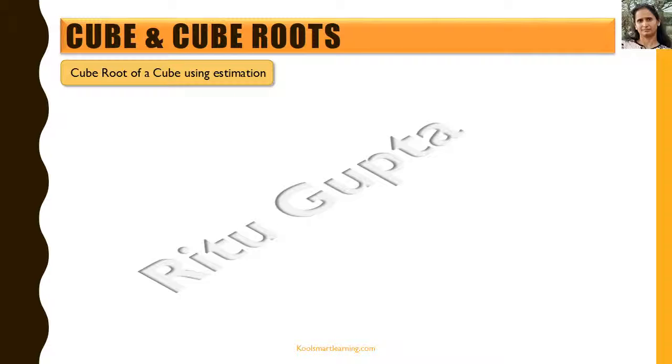Now we'll see another example. We want to find the cube root of 704969. We make groups of 3 digits each, like this. In 969, we know that its cube root will also have the units digit 9. Now we look at 704.